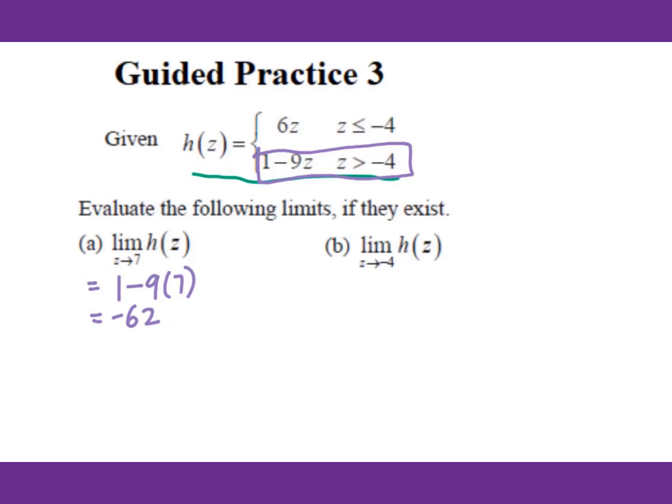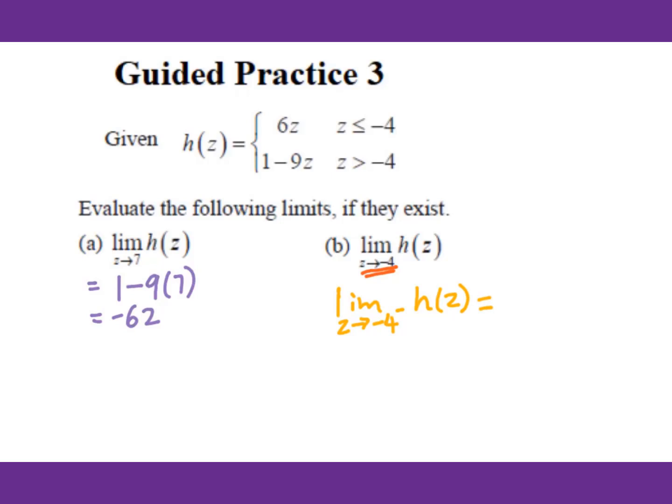Let's go to B. Limit as z approaches negative 4 of h(z). Since negative 4 is the boundary point, you have to check the limit as z approaches negative 4 from the left side of h(z). From the left side means when z is less than or equal to negative 4.